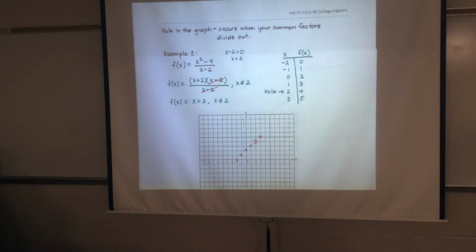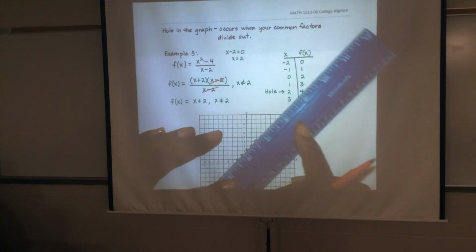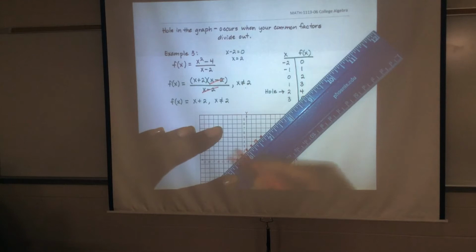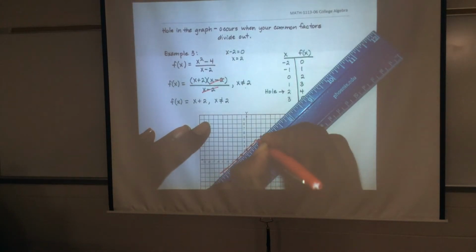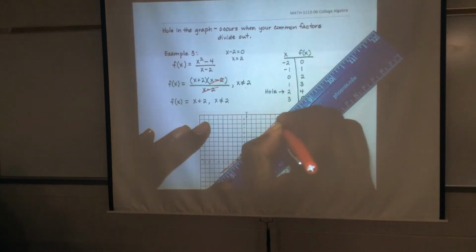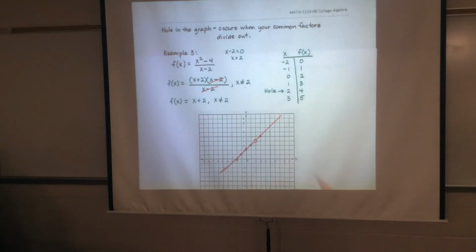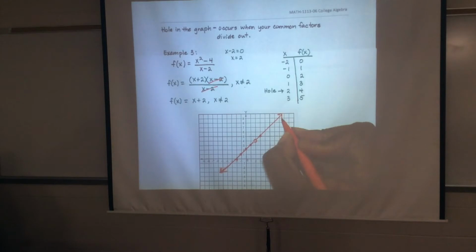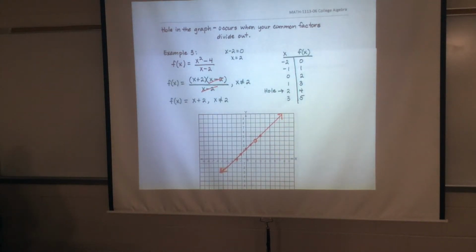Now if I connect those points, I'm not going to draw the line through that particular hole. Okay. So here is the graph of that particular function, f of x equal to x squared minus 4 divided by x minus 2.